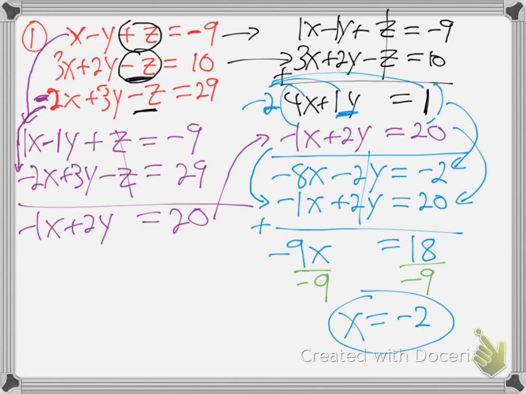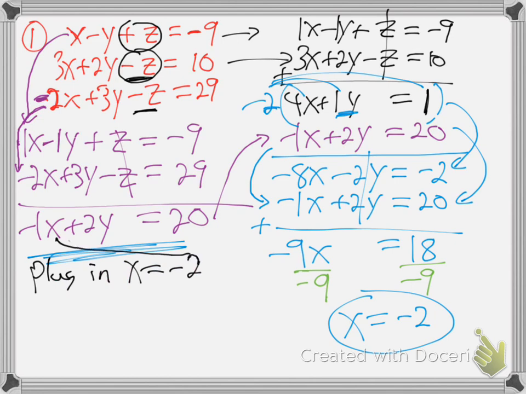So we have x. Now, to get the other letters, we plug back in. You don't want to go all the way back to the beginning where you have x, y, and z, but just go back to one of the equations where you only had x and y. So go back to this one, for example. Plug in x equals negative 2. What am I going to get?